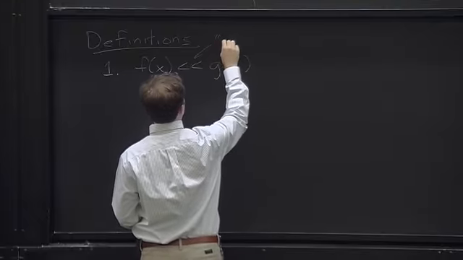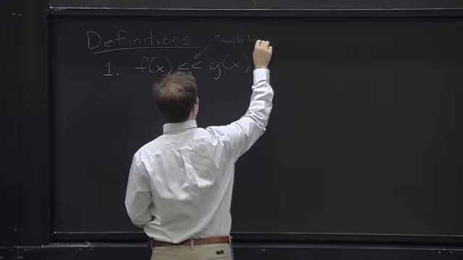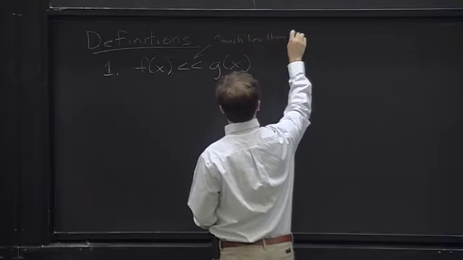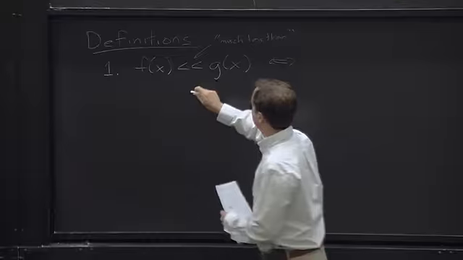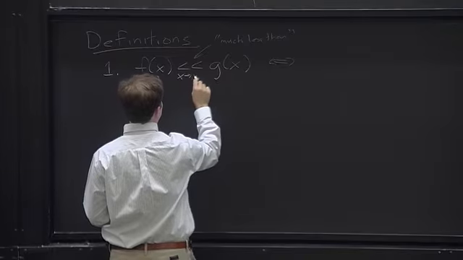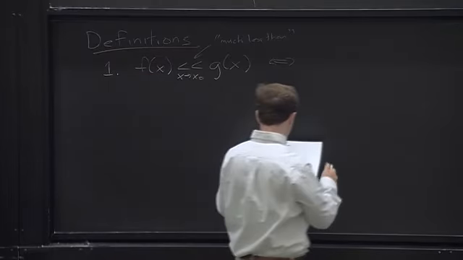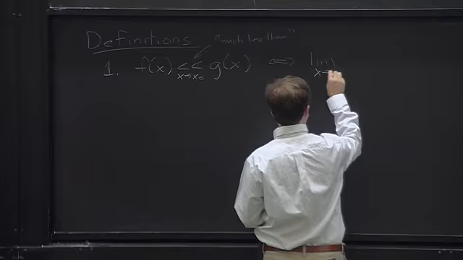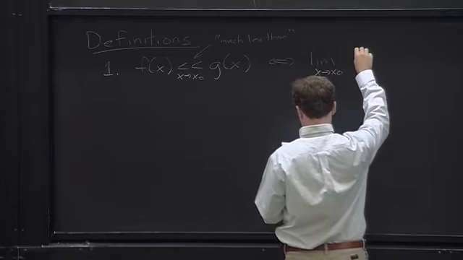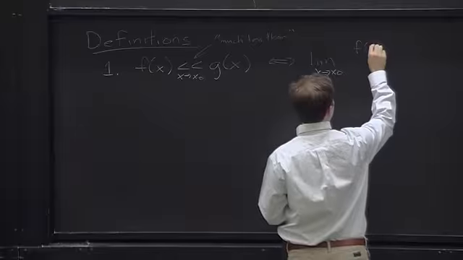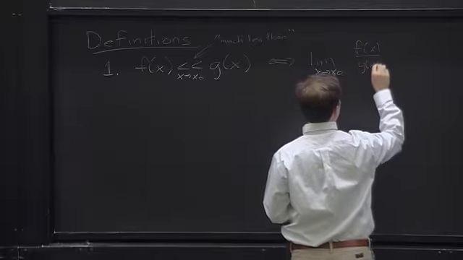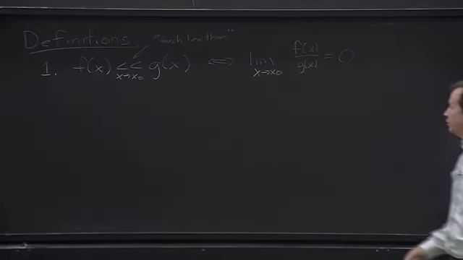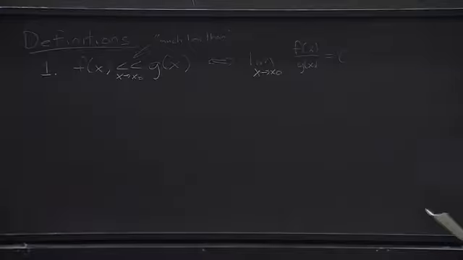This means, as x approaches x naught, that the limit as x goes to x naught of f over g is 0. This is related to what it means to be asymptotic to, but it's a useful building block.